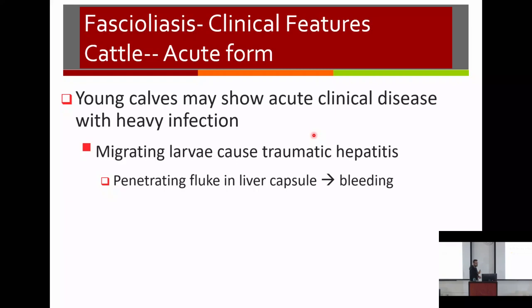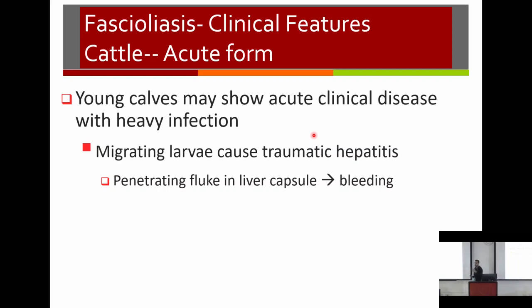So, clinical features. That is really important. In cattle, you may see the acute form of the disease. Young calves may show acute clinical disease with heavy infection, where the larvae migrate into the liver and cause traumatic hepatitis.